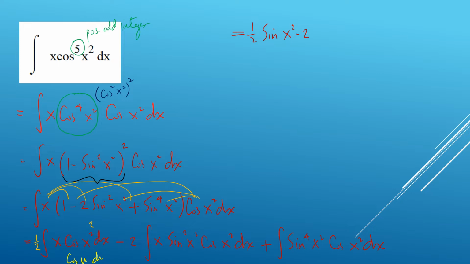There. Minus 2. How about x sine squared x squared cosine x squared dx? We see that we have here a power involving sine x squared. So it shall take the form u squared, where your u is sine x squared. Alright?